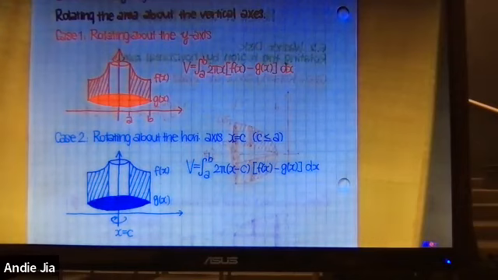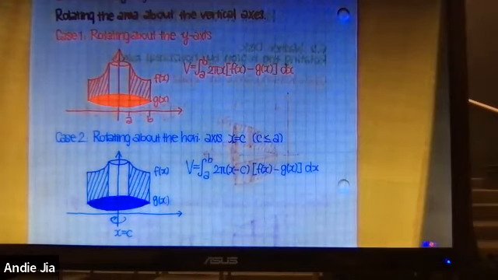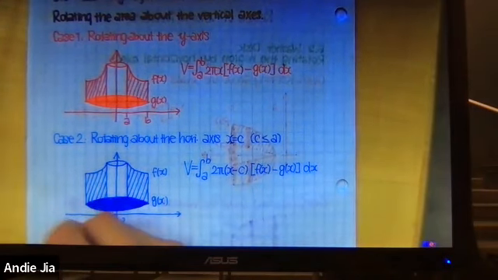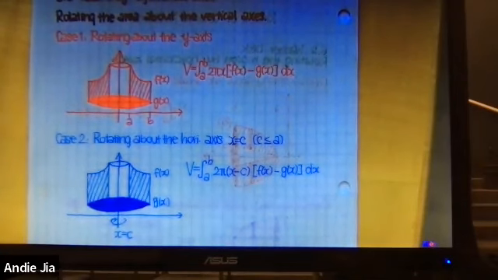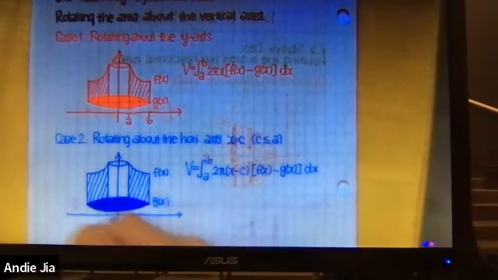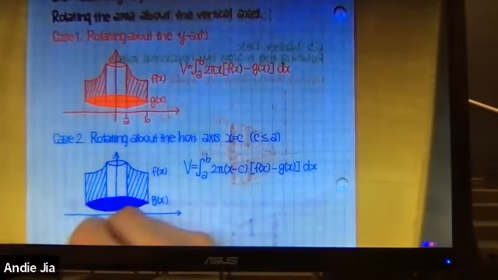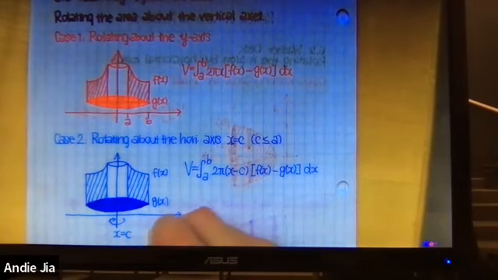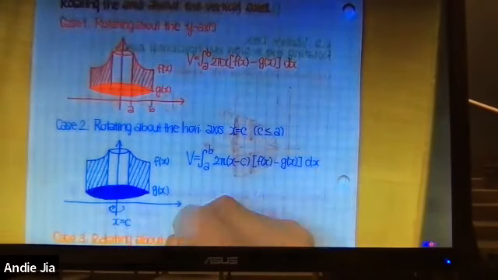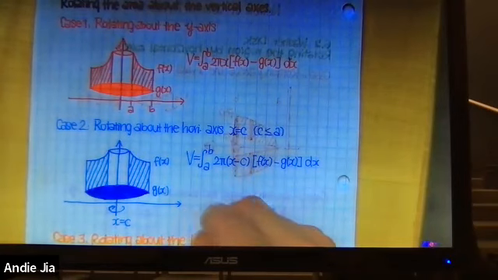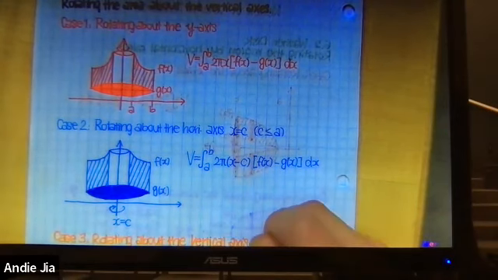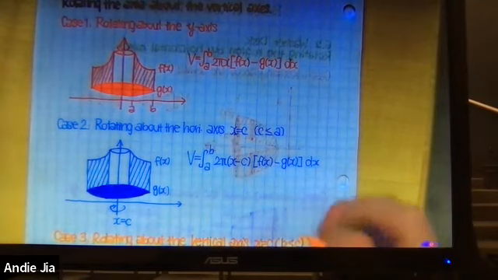Then case number 3 is we are rotating about some vertical axis. Well, the axis is x equal to c, but b is smaller than or equal to c.